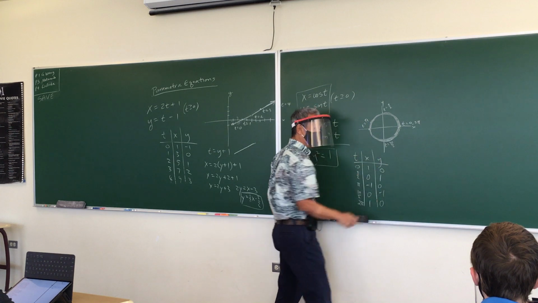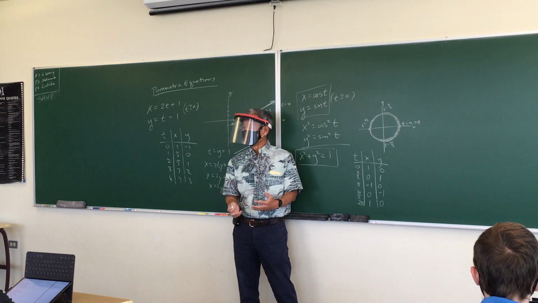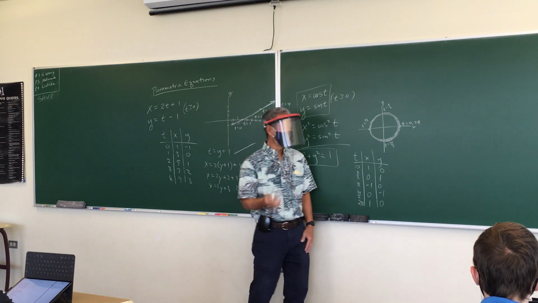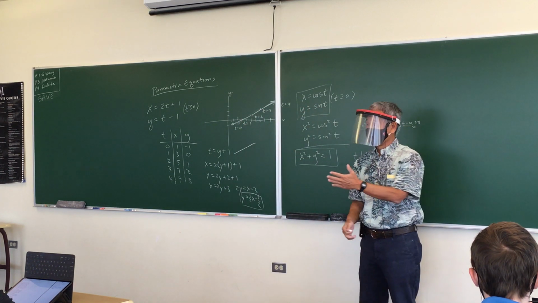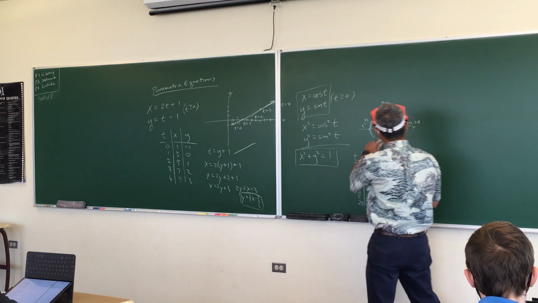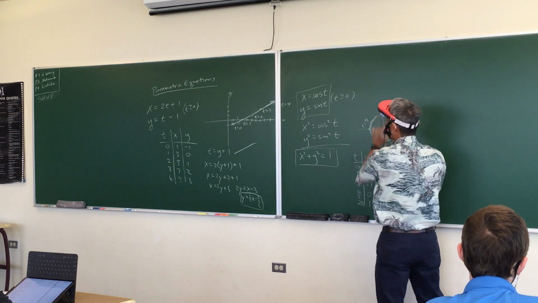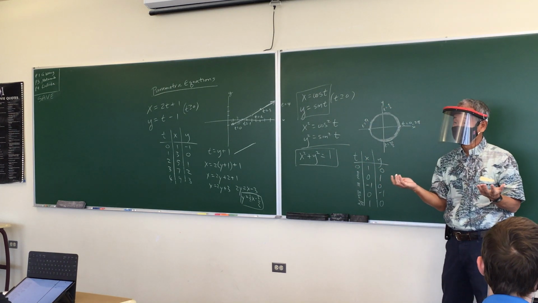Circular motion? Uniform circular motion. I guarantee you this is probably on the AP physics exam. So the particle is traveling this quarter of a circle every pi over 2 seconds.